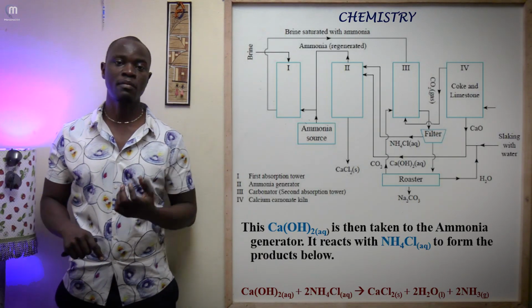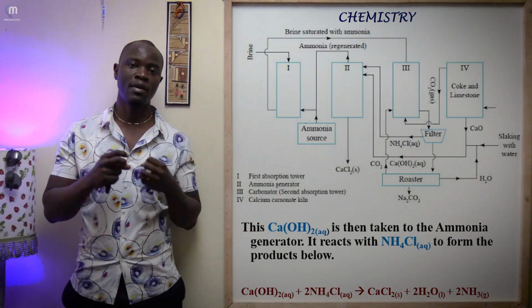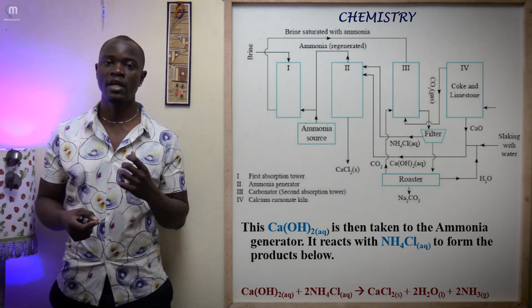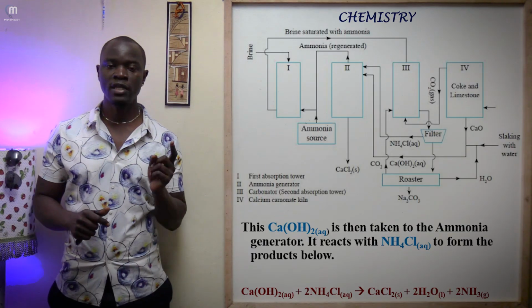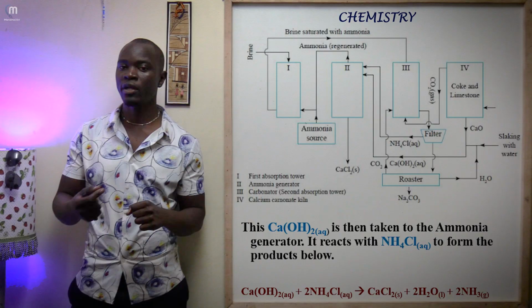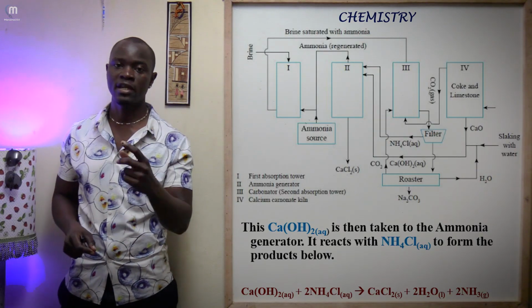So in this Solvay process, remember it began from the first absorption tower, whereby ammonia combines with brine to form the ammonical brine. This ammonical brine combination produces a lot of heat which maintains the carbonator. So these components, remember we said, they'll be taken to the Solvay tower, carbonator, or the second absorption tower, whereby there are two main reactions.